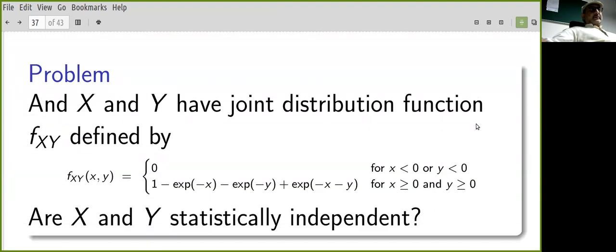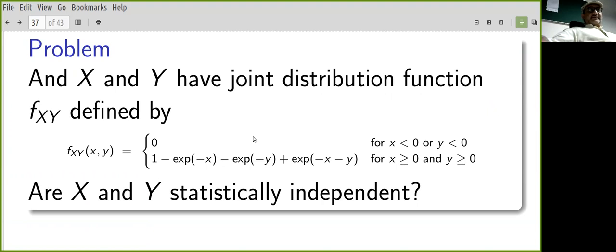And I will give you that x and y have a joint distribution function f sub xy, defined as 0 for x less than 0 or y less than 0, and equal to 1 minus exponential of minus x minus exponential of minus y plus the exponential of minus x minus y, for x greater than or equal to 0 and y greater than or equal to 0.